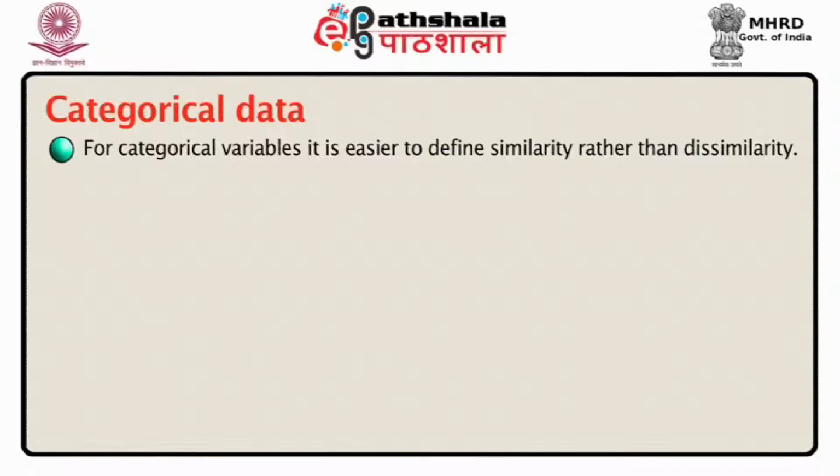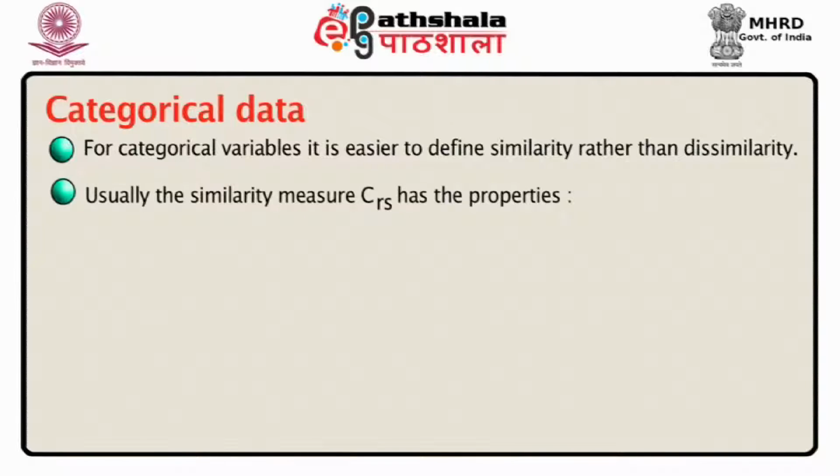For categorical variables, it is easier to define similarity rather than dissimilarity. What is meant by similarity is whether the two individuals are of the same type with relation to a particular category. Now, usually similarity measures have almost similar properties as dissimilarity measures.